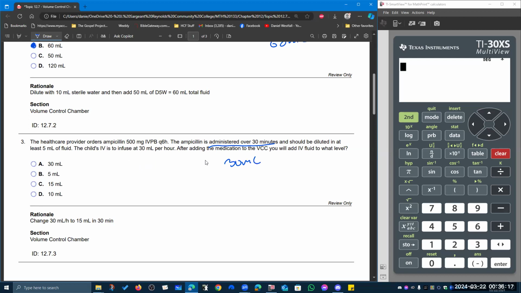It's 500 milligrams, doesn't matter. 1 hour is going to be, I want 30 minutes, so I'm going to multiply top and bottom by a half. So I can get a half hour, 30 minutes down here. And then this is 15 milliliters, and 30 minutes is what that rate is. So I want the volume control chamber to have 15 milliliters of fluid in it.